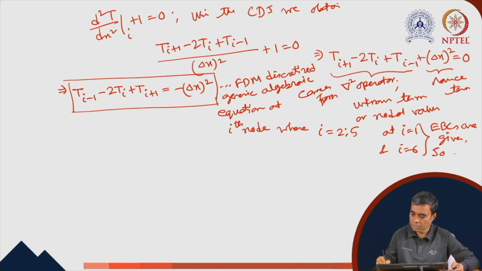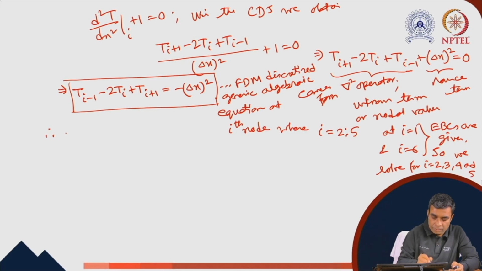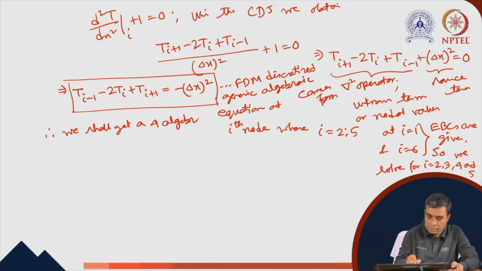So we solve for i equals 2, 3, 4 and 5. Therefore, we shall get 4 algebraic equations for 4 unknown nodes.